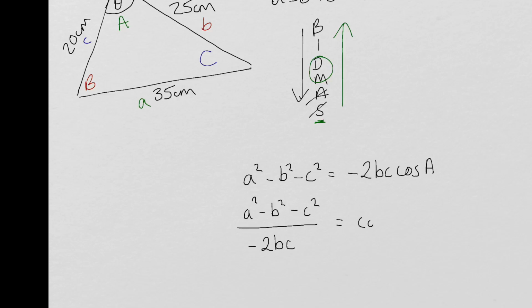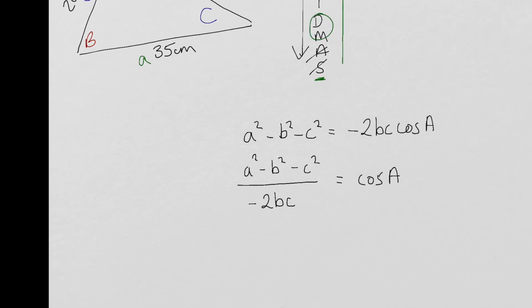And that's equivalent to cosine of A. Now, some formulas will take this negative and multiply the top and the bottom by minus 1 to get rid of it. So you will see some formulas that are written as B squared plus C squared minus A squared, all over 2BC. Most people enjoy working with more positives than negatives, and if you like that, that's absolutely fine. And that's still equivalent to cosine of A.